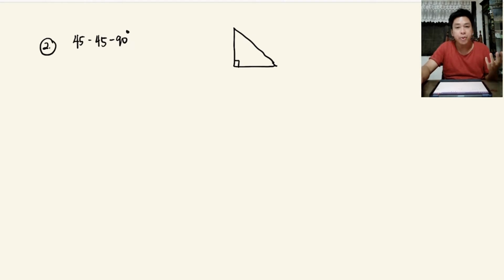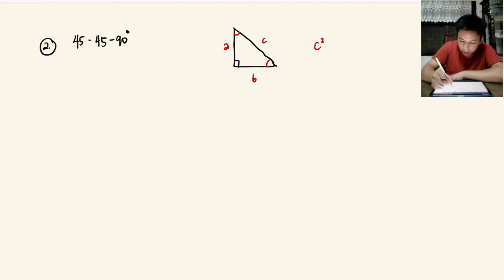So theorem number 2 is the 45-45-90 degree theorem. If you sum them up, they're equal to 180, meaning this angle here and this angle here are equal. Now remember, this is a right triangle. Let's say this is your A, this is your B, and this is your C. Taking the Pythagorean theorem, we have C squared equals A squared plus B squared.